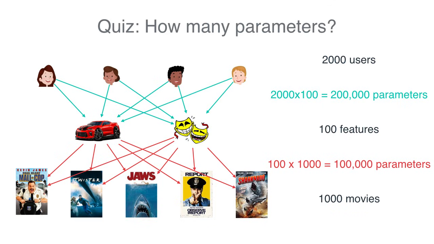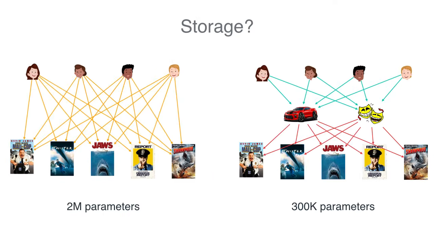And the bottom, there's 100,000 because 100 features times 1,000 movies. And if we add those two, we get 300,000 parameters. So in summary, on the left, we have 2 million parameters, and on the right, we have 300,000 parameters. So it's a lot of space that is saved.